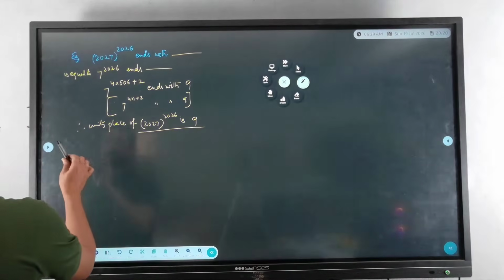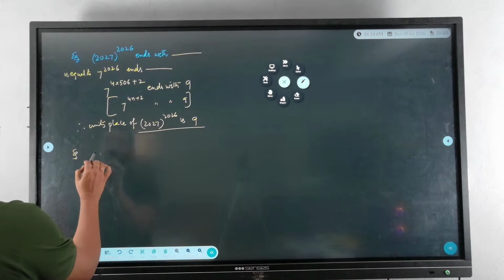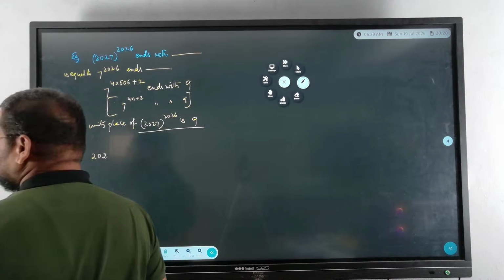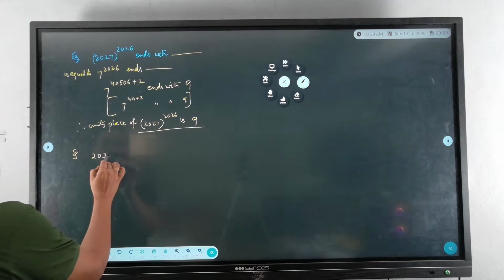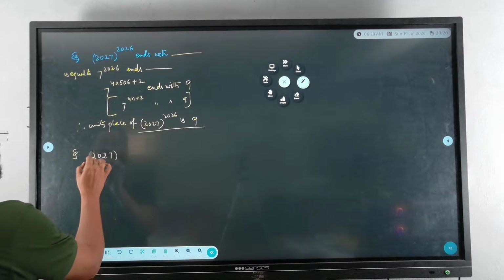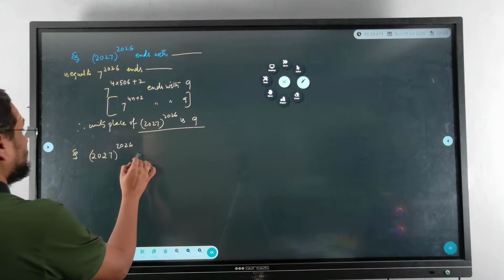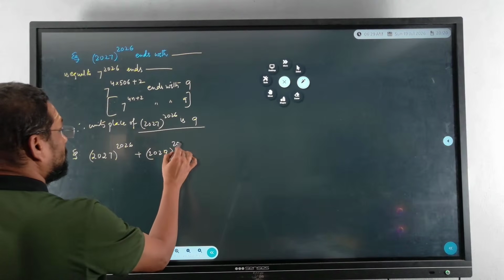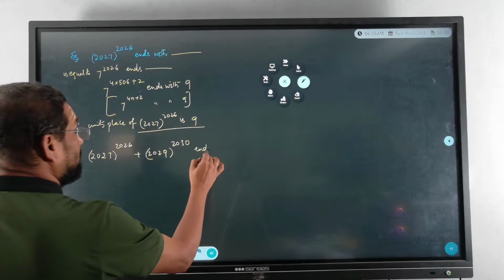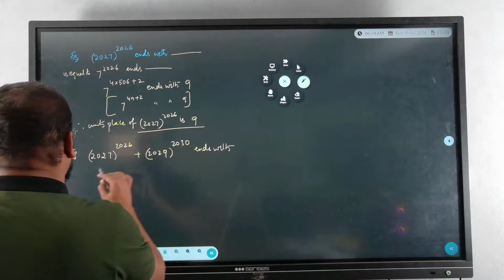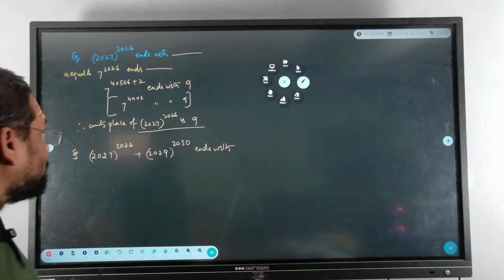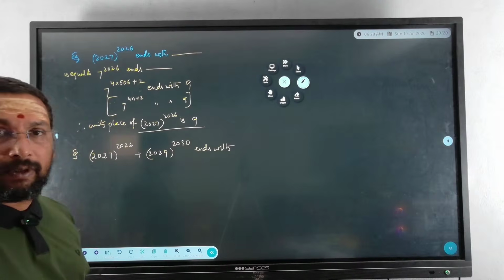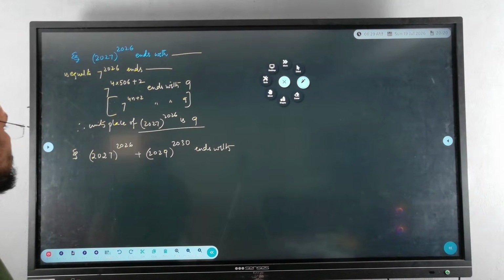For example, another question: 2027 power 2026 plus 2029 power 2030 ends with what?